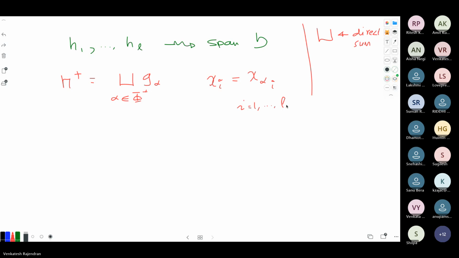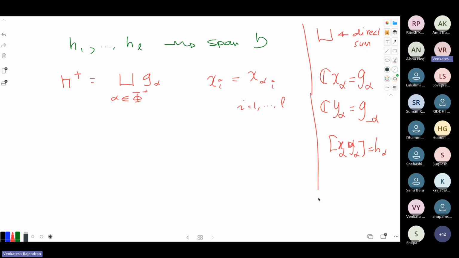We have already fixed x alpha in the root space of alpha, and similarly y alpha for the root space of minus alpha, and the bracket of x alpha and y alpha is nothing but h alpha. So that is already there.